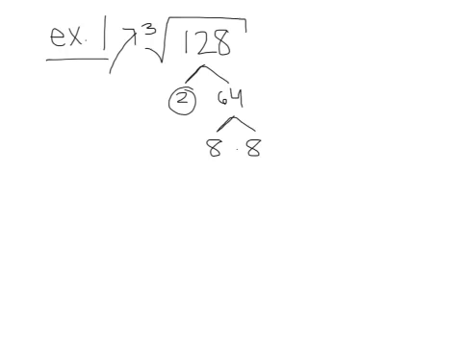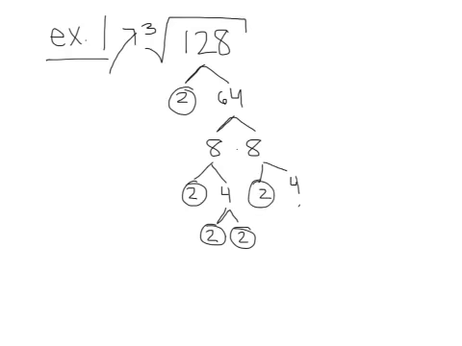So we're looking for a number repeated 3 times. Breaking the 8 down, we have 2 times 4. Breaking the 4 down, we have 2 times 2. For this 8, we have 2 times 4 again, and we break this final 4 down into 2 2's.